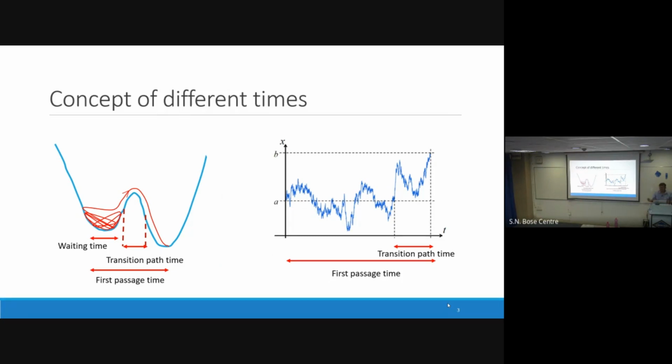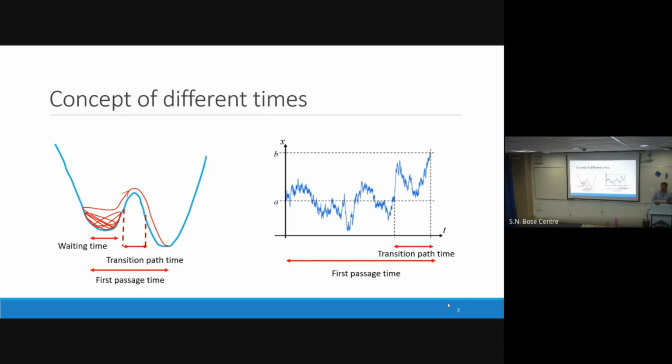That is the first passage time. The difference between the first passage time and waiting time is that when there are multiple intermediate states, you wait in the intermediates many times. So there is no specific waiting time for any one well; all the wells contribute to the waiting times, and it will ultimately give us the first passage time.